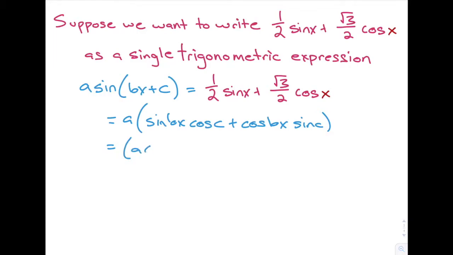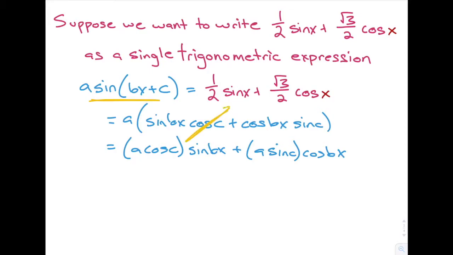We can say a cosine c sine bx plus a sine c cosine bx. And you can see that now we're trying to draw this connection between the general a sine bx plus c expanded, and what we're trying to write as a single trigonometric expression. So we're trying to get from here to here and here to here.